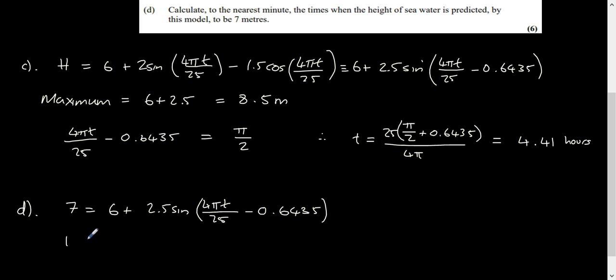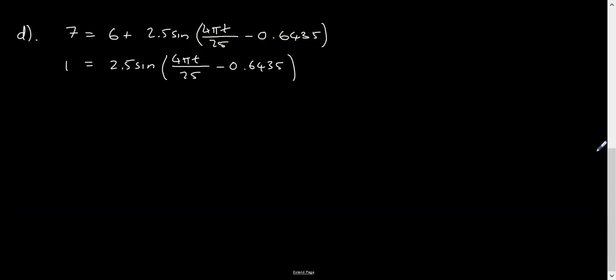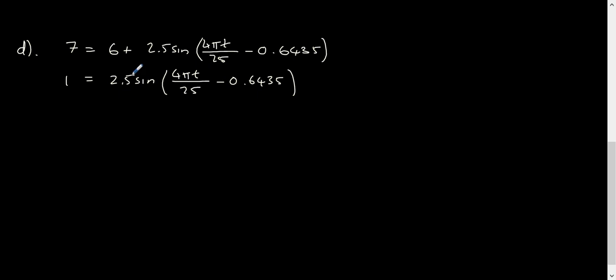So first, take away 6 from both sides, which gives 1 equals 2.5 sine of 4 pi t over 25 minus 0.6435. Divide both sides by 2.5, so we get 2/5 is sine of 4 pi t over 25 minus 0.6435. So we'll do arc sine of both sides.